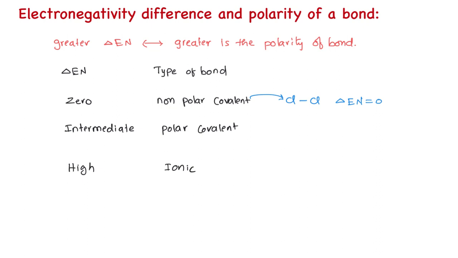Second, if we take a bond between a metal atom and a non-metal atom, such as sodium bonded to chlorine, the electronegativity difference value will be high. Therefore, it is an ionic bond. If we take a bond between two different types of non-metal atoms, the electronegativity difference will be of intermediate value. Therefore, it will form a polar covalent bond.